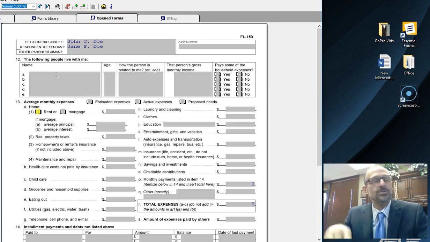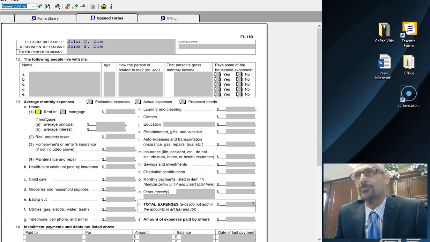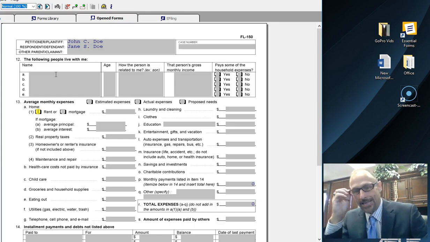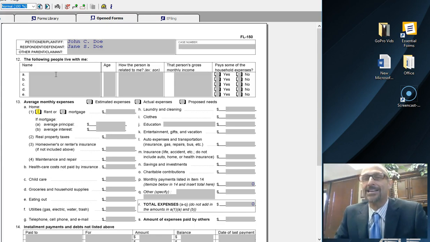Now keep in mind, you don't want to inflate this to some crazy number. It's going to be obvious that you're doing that. It's going to look like you're potentially greedy. Put real expenses in there. Now, I'm not saying to short yourself.